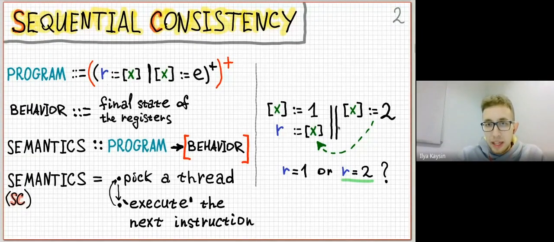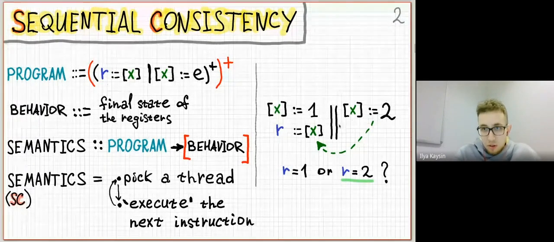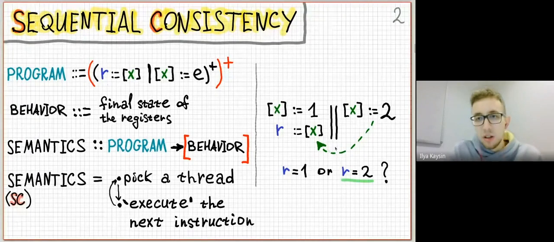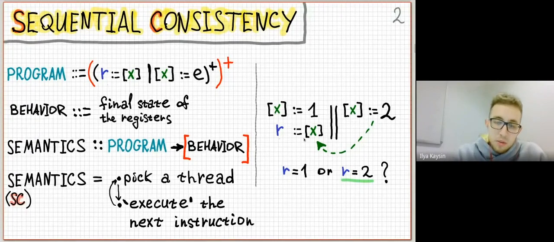But okay, let's look at the behaviors from a different perspective. Notice that as soon as we fix the value that we read from memory, as soon as we fix who wrote the value that we read, our behavior becomes deterministic. As soon as we fix this graph, as soon as we know whose write was the last one whose value we read, we can restore the final state of all the registers.